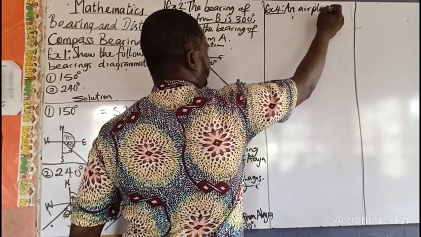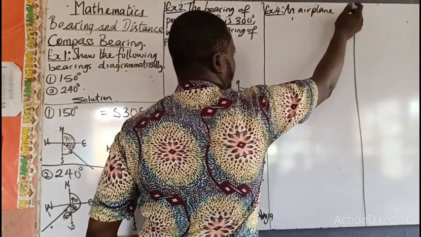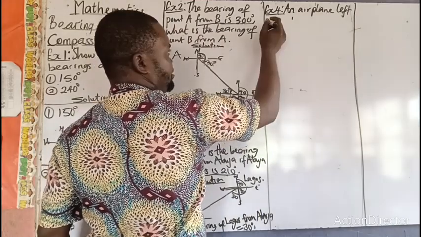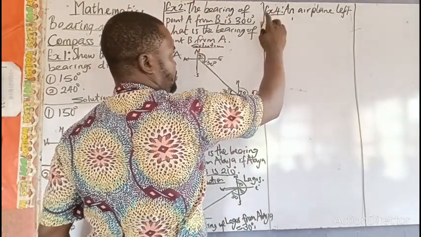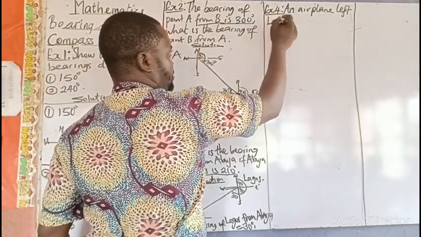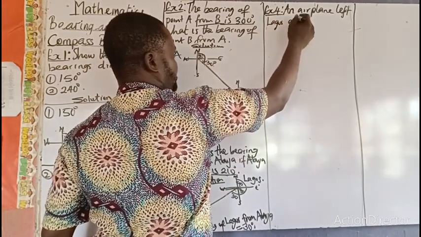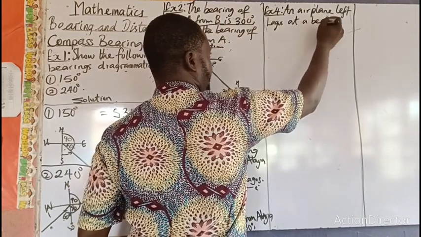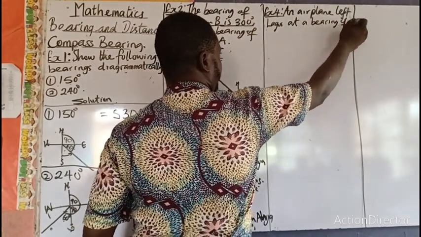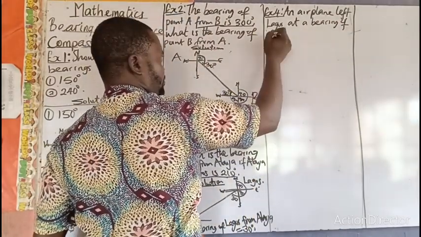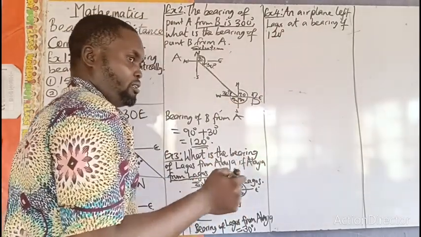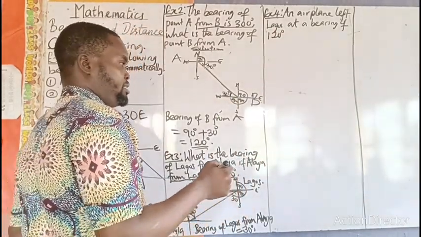Now, let's say an airplane left Lagos at a bearing of 120 degrees. Let's follow, please.